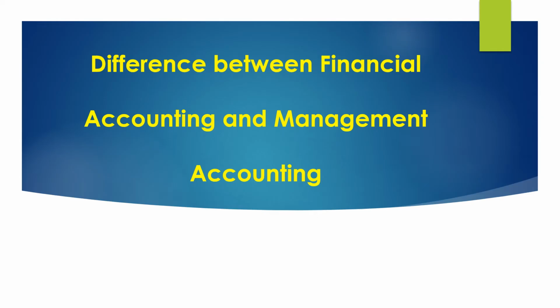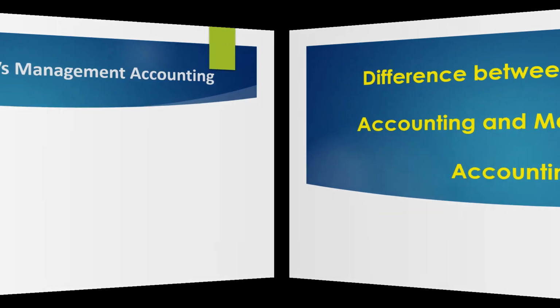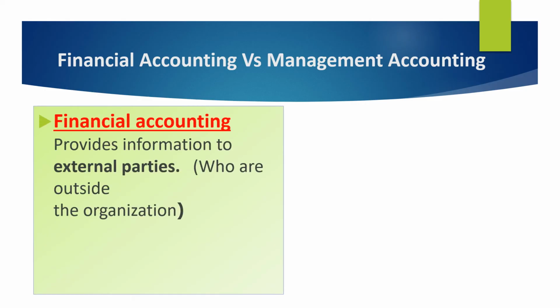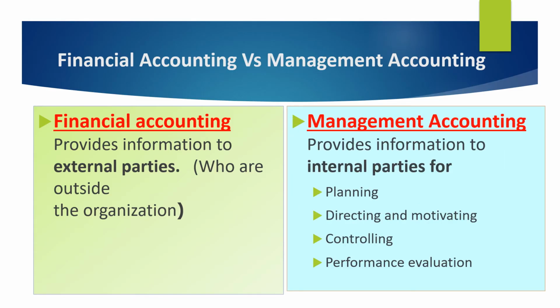Now let's see what the differences are between financial accounting and management accounting. Financial accounting provides information to external parties who are outside the organization, whereas management accounting provides information to internal parties for planning, directing and motivating, controlling, and performance evaluation.